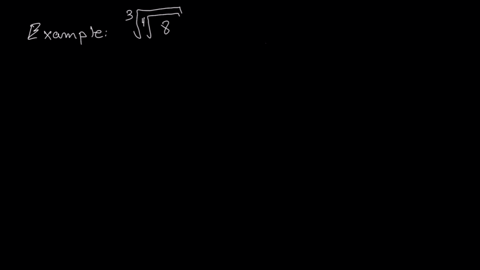The next example is the square root of the fourth root of 8, that is, a cube root under a fourth root. So how do we solve this one? Since we have only one radicand here, one radicand number under the 4th root, we will simplify that, and then we will simplify it under the cube root.